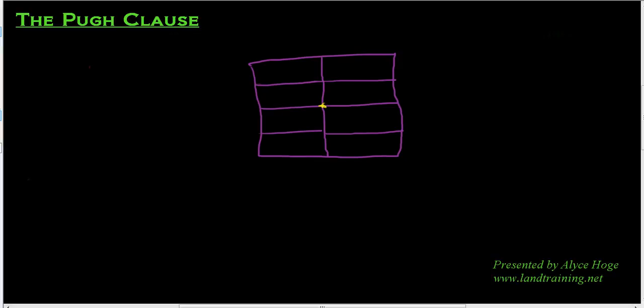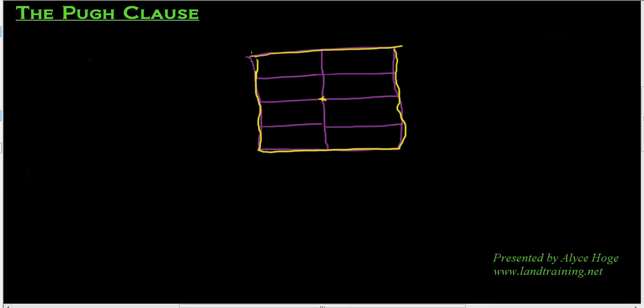So great, people then began to form these pooled units. And let's say this is an example of a pooled unit here. So we're going to include all of these leases in the pooled unit. The Pugh Clause arises when you have someone that owns a lease, and part of the lease goes outside the boundaries of the unit itself.